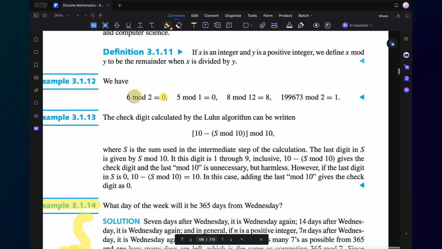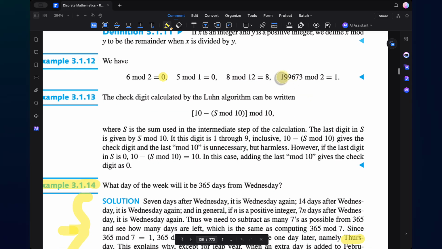For example, 6 mod 2 is 0, since 6 divided by 2 is 3 with a remainder of 0. 5 mod 1 is 0, since 5 divided by 1 is 5 with a remainder of 0. 8 mod 12 is 8, since 8 divided by 12 is 0 plus 8.